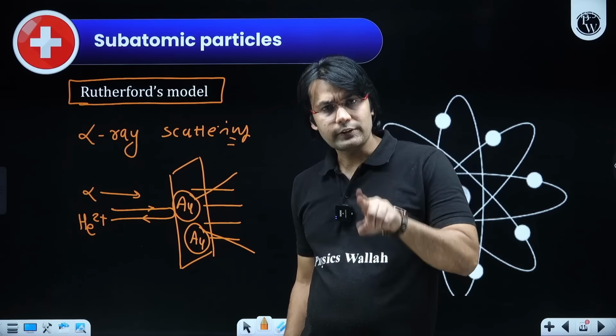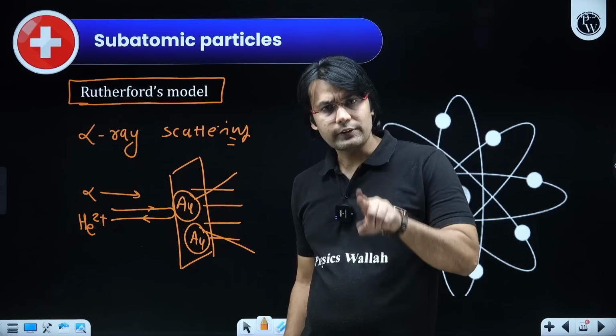So by increasing the incident frequency, your kinetic energy will also increase. We can easily justify this from the equation of photoelectric effect. Maximum kinetic energy of the electron equals h nu minus h nu naught. This h nu naught term is the threshold energy, which is constant for each metal.